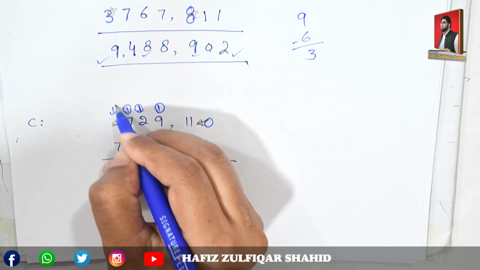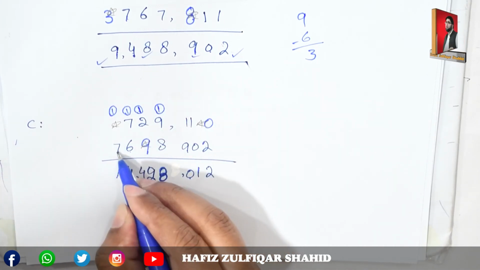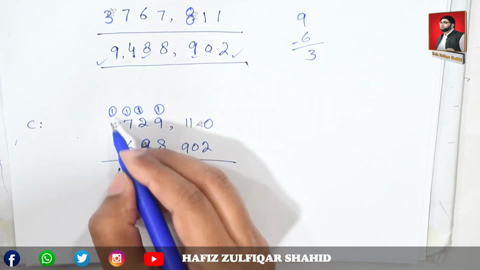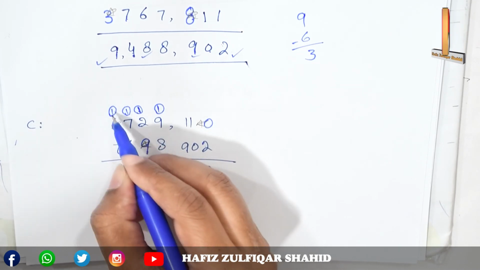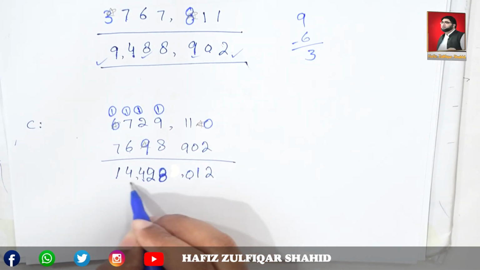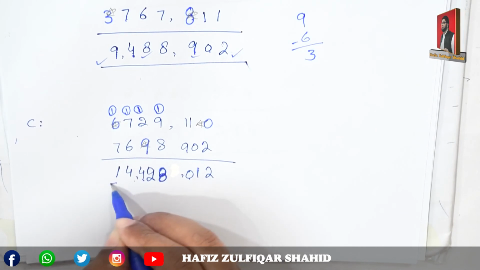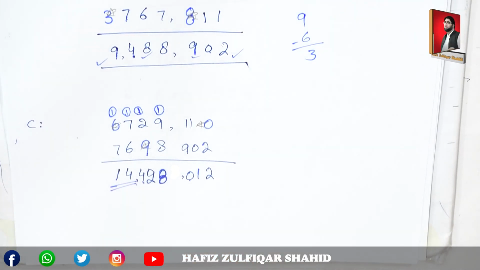And take 1 carry here. Now minus 1 from 7 and write 6 here. Add all 3 numbers and we will get 14. 14 is in the answer place.